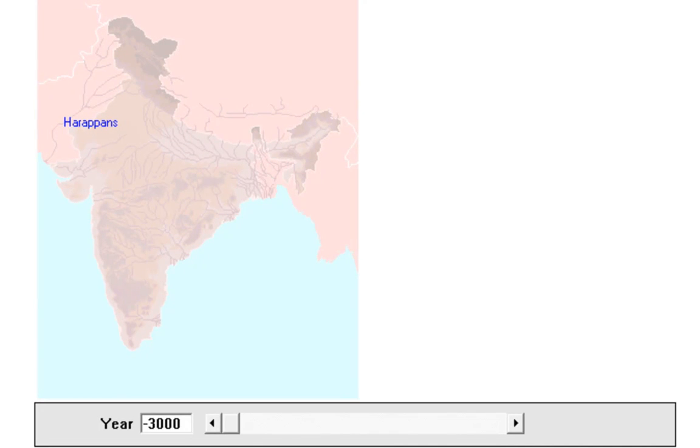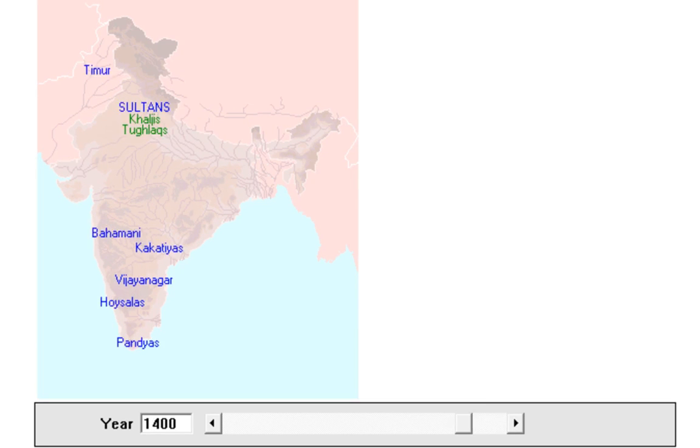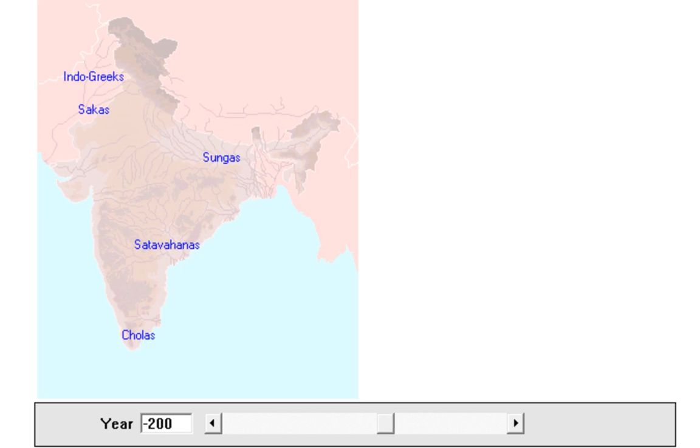If you click here, you can see as the years advance what has happened to India. So by moving up and down, we can see the relative differences of each era, and it's very easy to understand that way.